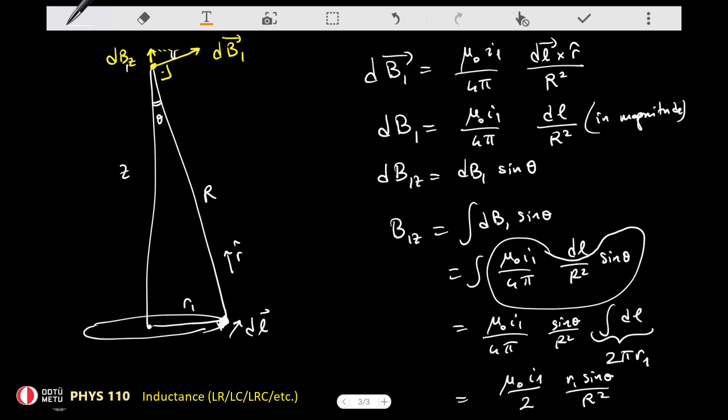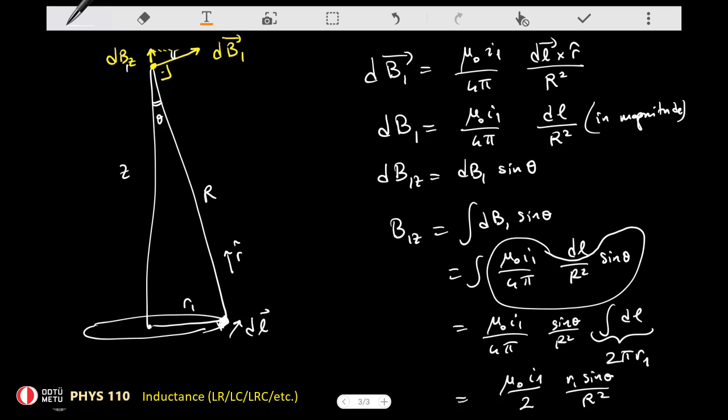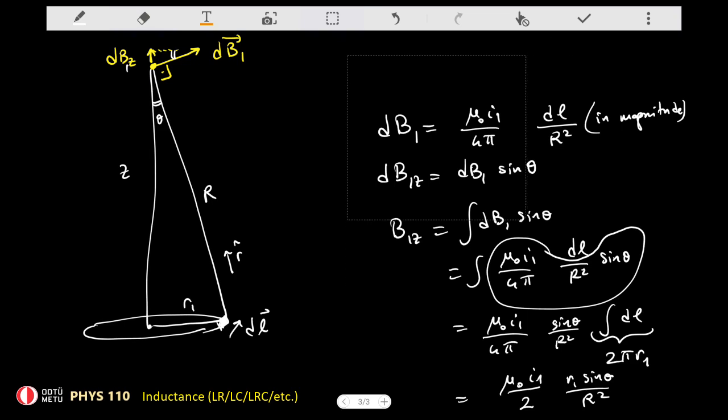And that's essentially how we compute the total magnetic field produced by this wire at a point on its axis. This was the exact expression, but we don't need the exact expression in here.